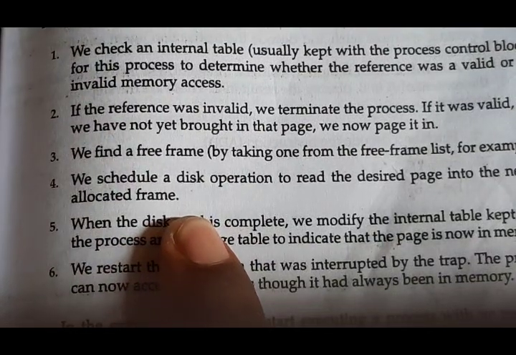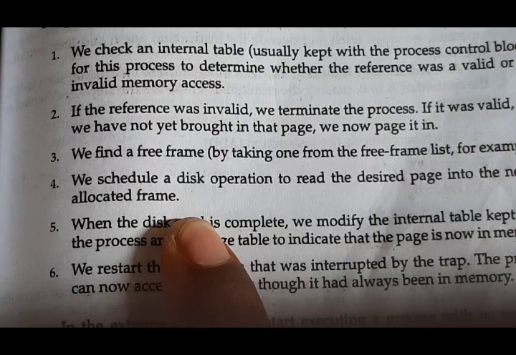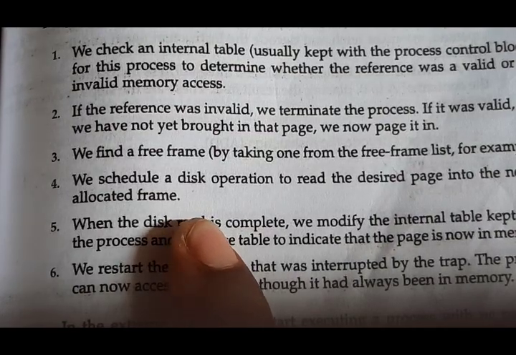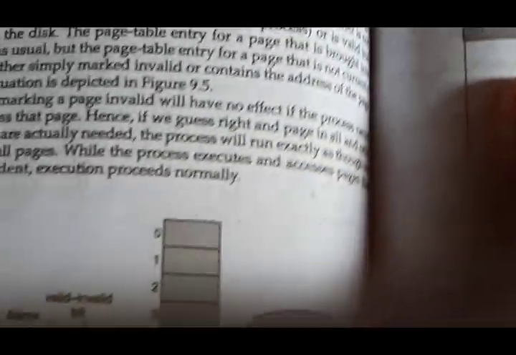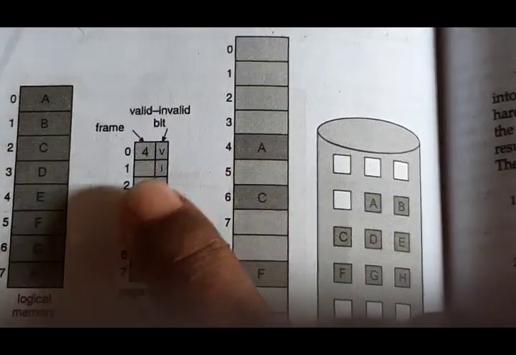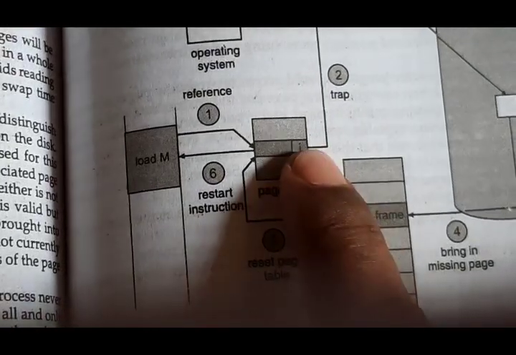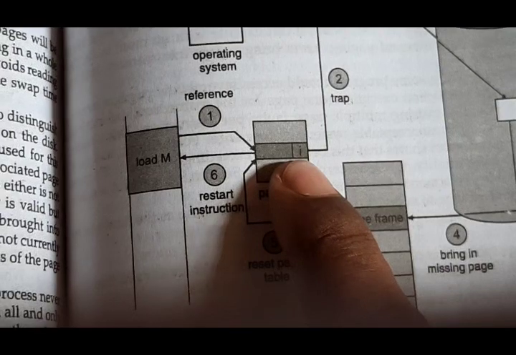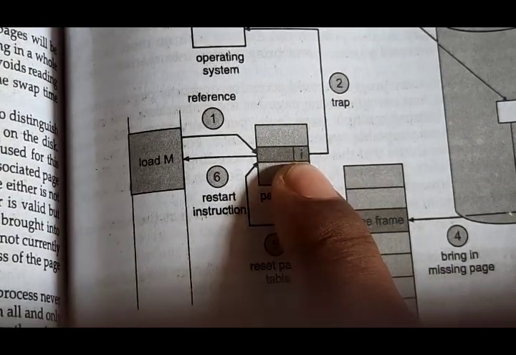So we schedule a disk operation. How to get the particular page? What are the operations? See here what happens. Here I explained, if the particular page is present here, it is valid. If the particular page is not present here, it is invalid. If the page is invalid, the CPU transfers control to the operating system.